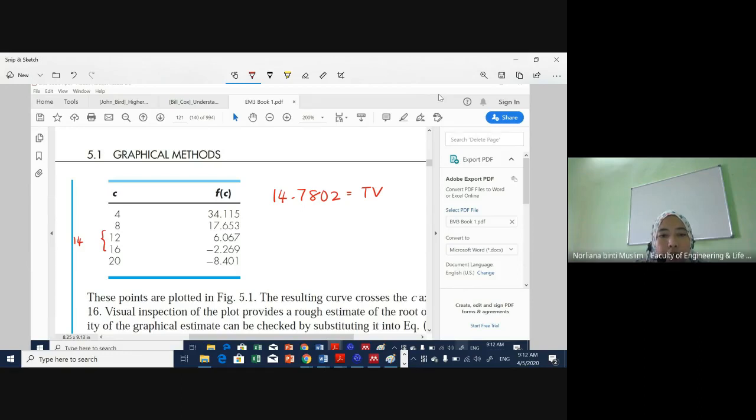When applying the graphical method, you are supposed to have a table containing your C and FC. In the table, you must have 10 sets of points.